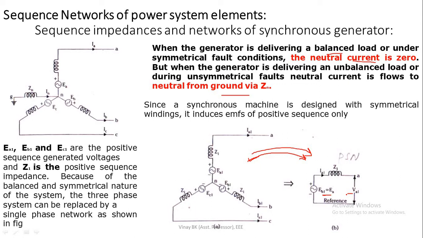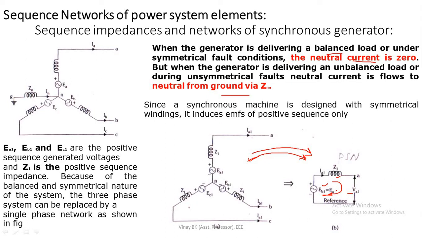Next, the equation that holds for the positive sequence network follows by applying KVL: VA1 equals EA1 minus IA1 into Z1. You can write it for A1, B1 or C1; you can take any one as the reference.